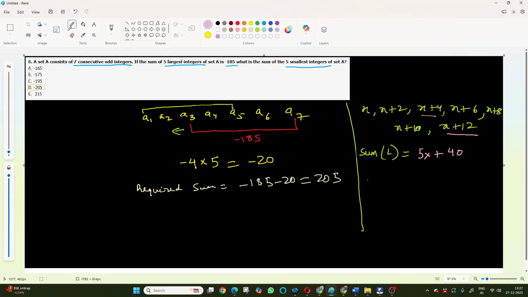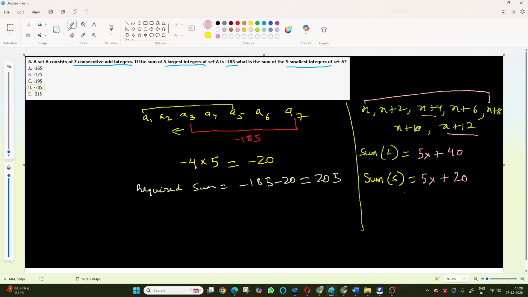And we need the sum for the smallest 5. Let's denote it by sum of S. That is nothing but, again, from x to x plus 8. So we have 5x plus 0 plus 2 is 2, plus 4 is 6, plus 6 is 12, plus 8 is 20.